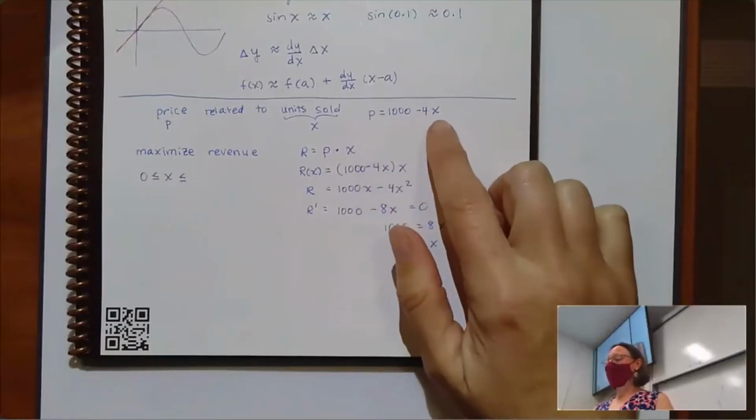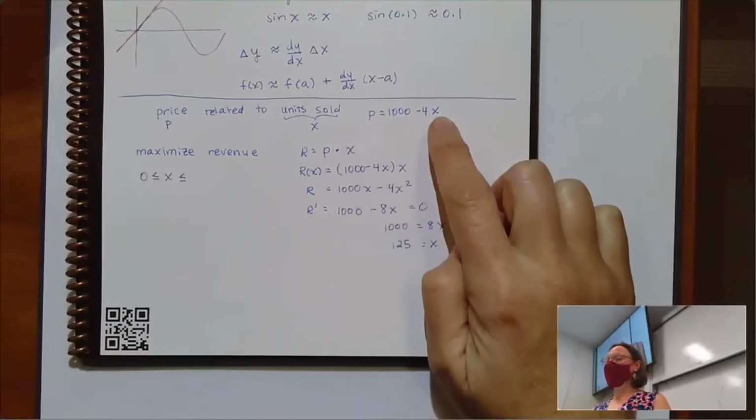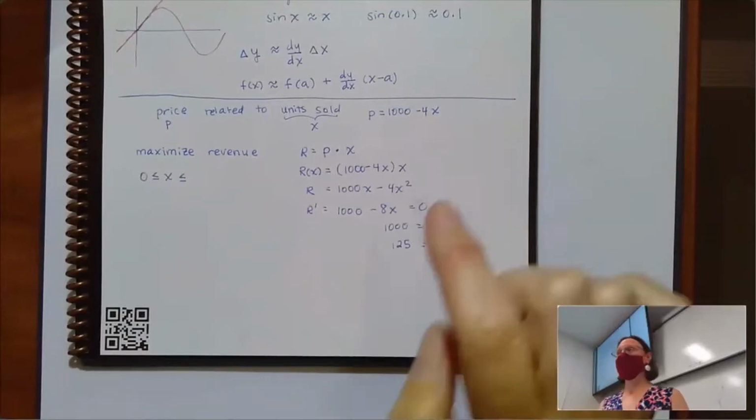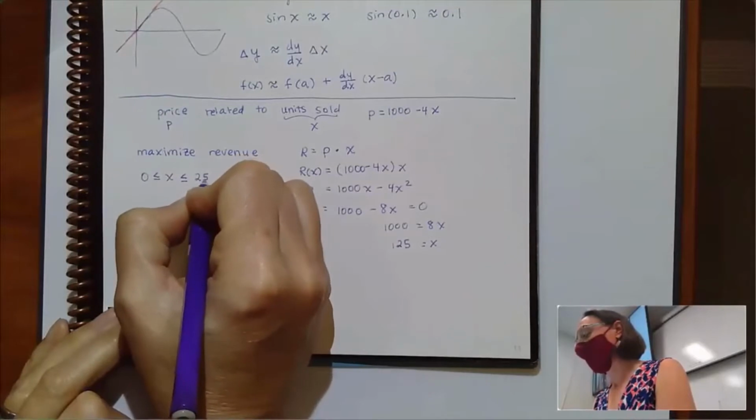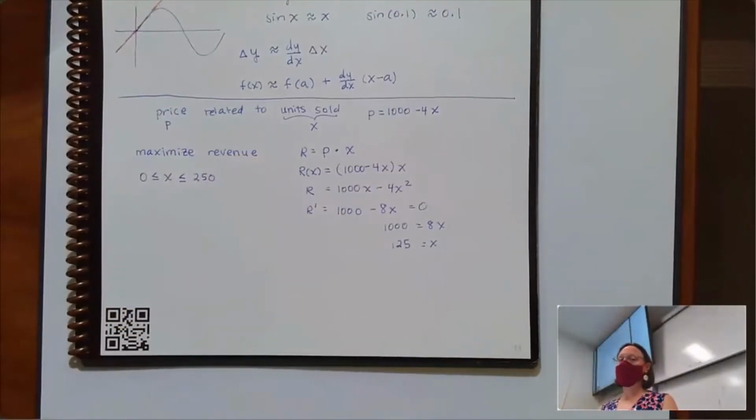So if I look at this equation, I'm going to say that X being 250 is for sure my upper limit. Because in order to sell 250 of these products, I would have to drop the price to 0. And that just doesn't make sense from a business standpoint. So X should only be considered between 0 and 250. Well, the value that we found is between 0 and 250, so we're good there.